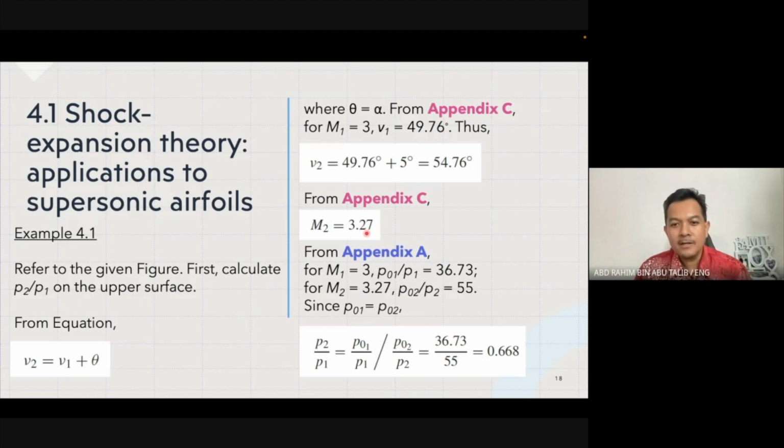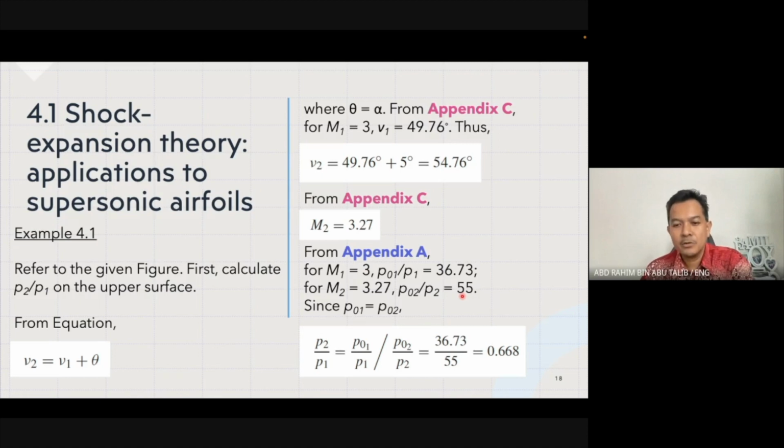Then you use Appendix A to find the value of the pressure ratio. At Mach number 3, you find the pressure ratio P01 over P1, which is 36.73, and for Mach M2, coming from the earlier M2 over here, using Appendix A you find P02 over P2, which is equal to 55.